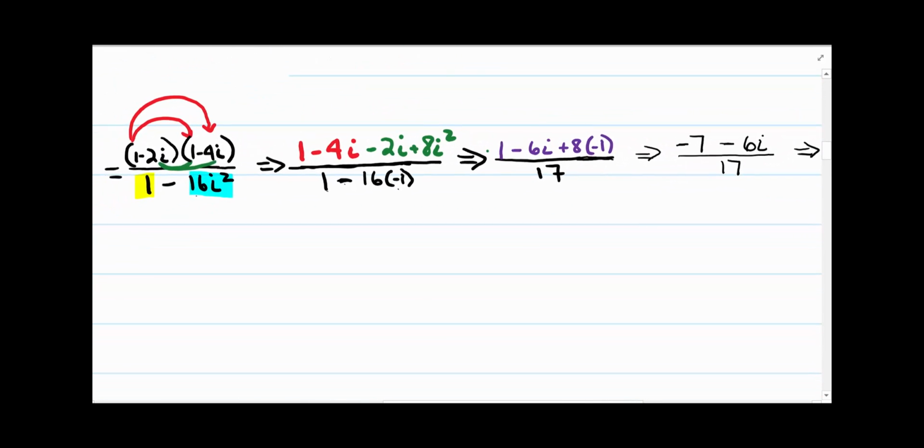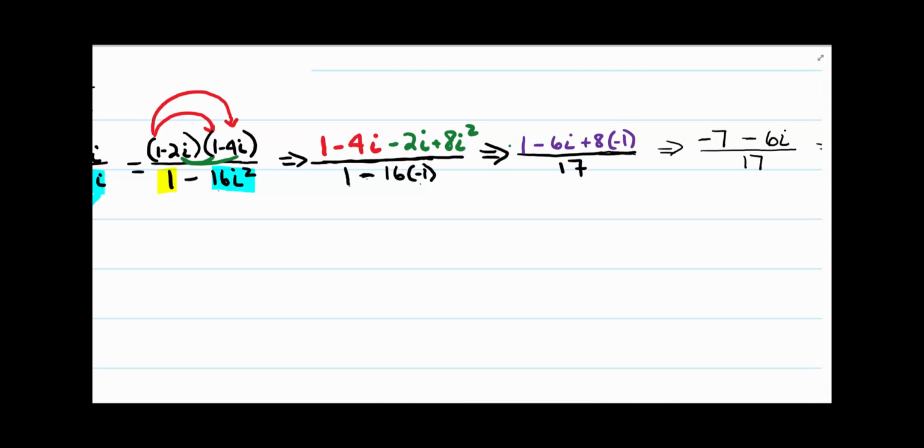And in the numerator, you're just going to do that double distributive. So here we have 1 times 1 is 1. 1 times negative 4i is negative 4i. Anyway, you keep going with that. And then notice these two are alike. So that simplifies to negative 6i. Negative 2i times negative 4i is positive 8i squared.